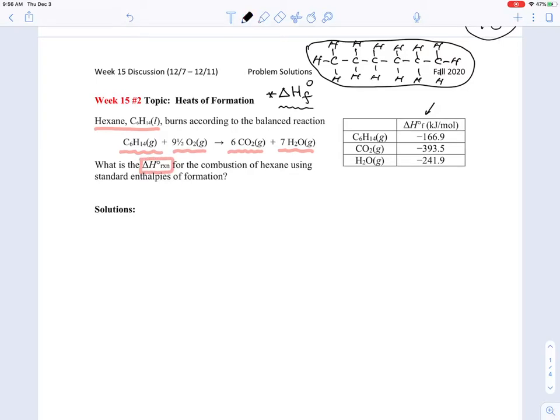Okay, so the bottom line here is, because the reaction was written in that way, it is essentially delta H formation of product minus delta H formation of reactant.